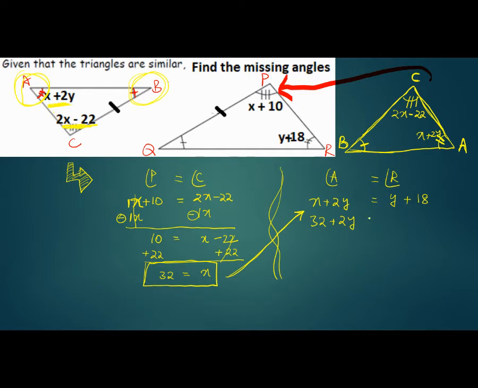So 32 plus 2y equals y plus 18. Remember my apple example: y and 1y are the same. As I told you before, focus on the variable with the smallest coefficient, which is 1y. Let's take away 1y on both sides.